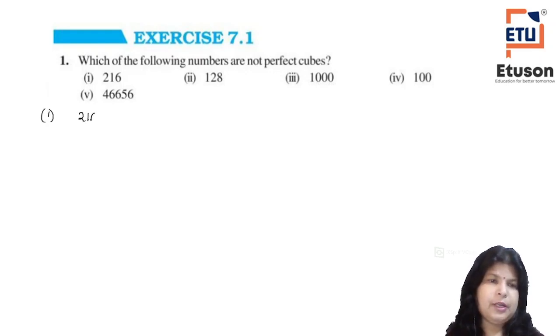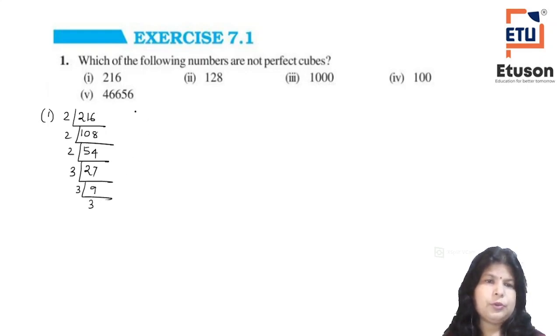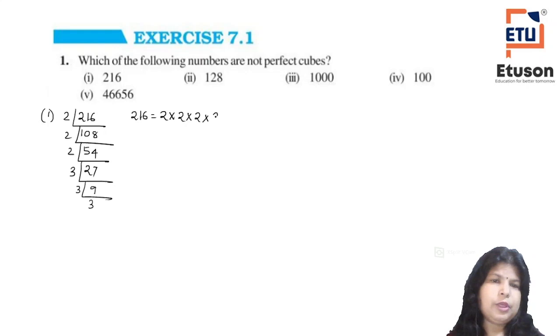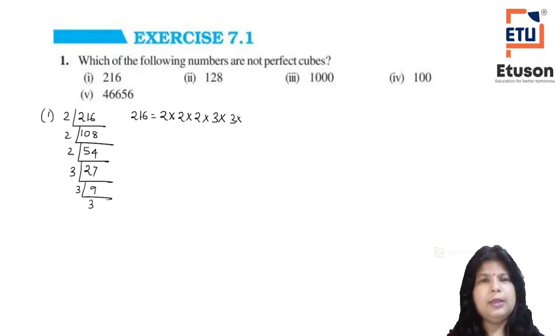So let us find out the factors of 216: divided by 2, 108; divided by 2, 54; divided by 2, 27; divided by 3, you have 9; divided by 3, you have 3. So 216 is equal to 2 into 2 into 2 into 3 into 3 into 3.